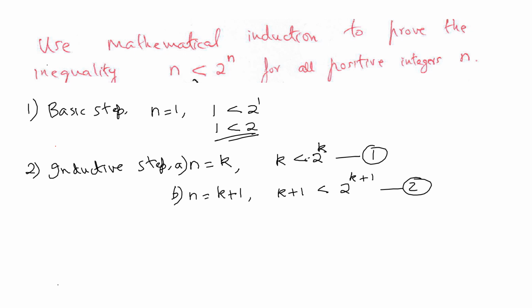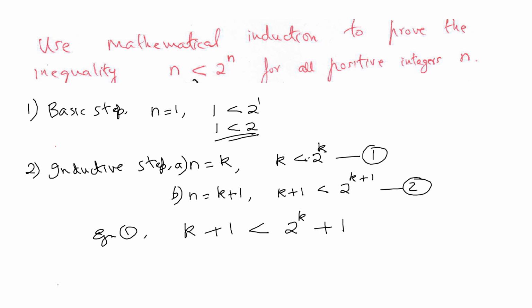So equation 1 is k less than 2 to the power k. For that you have to add this plus 1. When you add plus 1 to the left hand side, you should also add to the right hand side. 2 to the power k plus 1.